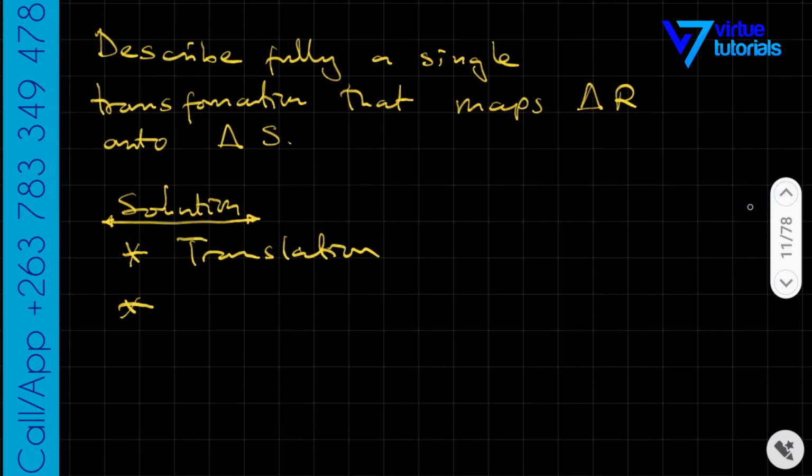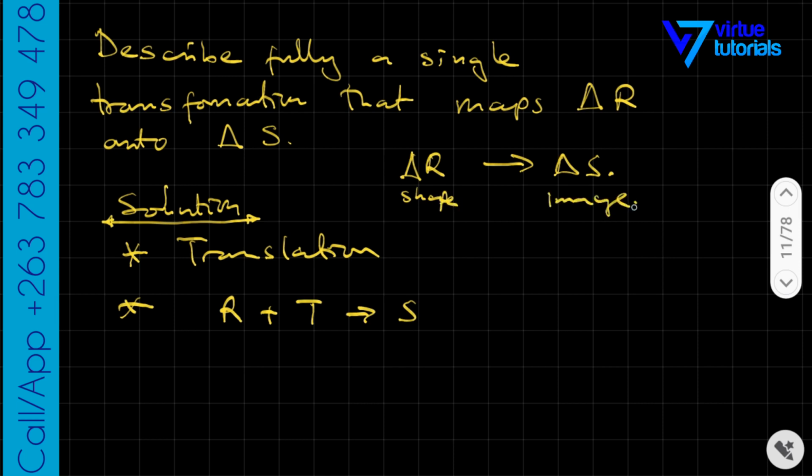Now, we have to be clever now. We're told that the transformation is going to map triangle R onto triangle S, right? Now, if you remember what we were doing earlier on, we were taking vertices from the original shape, adding the translation vector to get vertices on the image, right? Remember, this is the shape and this is the image. The image is the result, right?